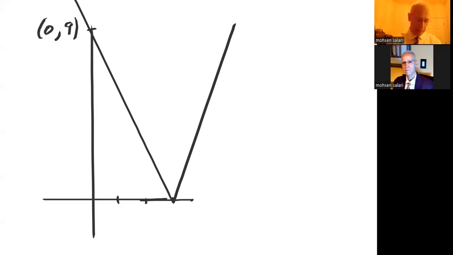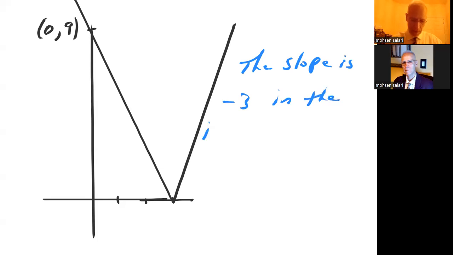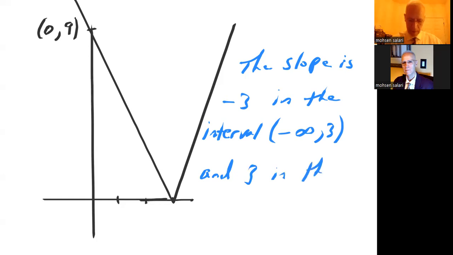We can say the slope is -3 in the interval -infinity to 3, and +3 in the interval 3 to infinity.